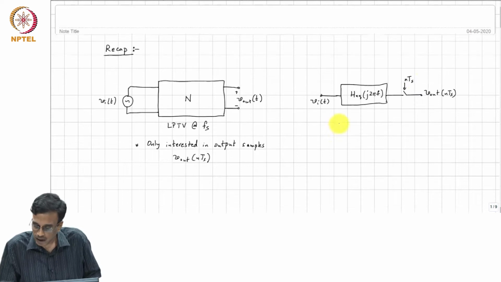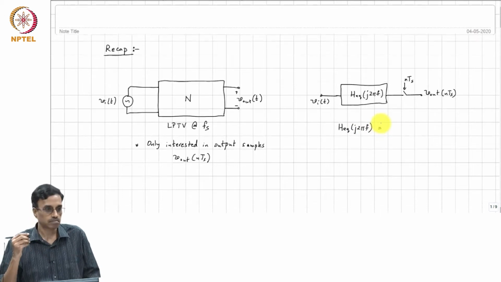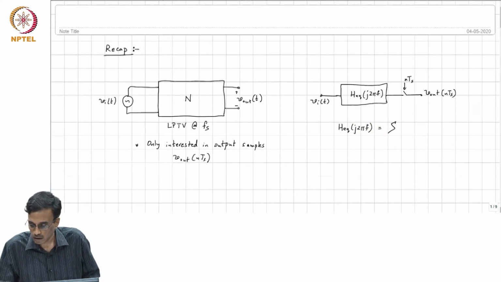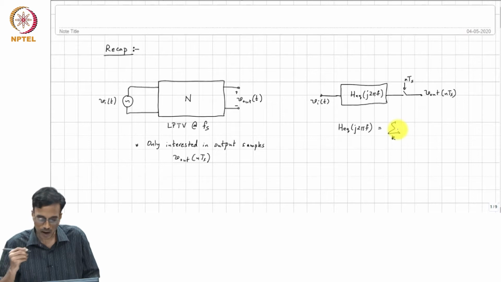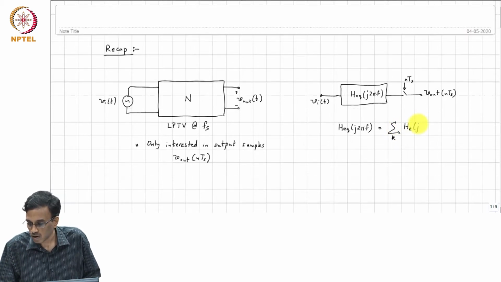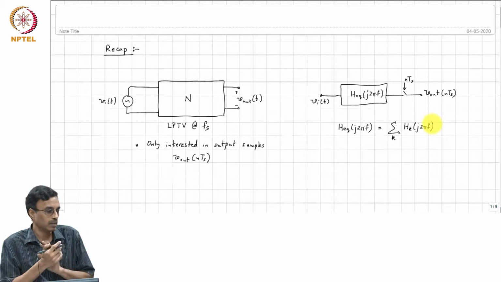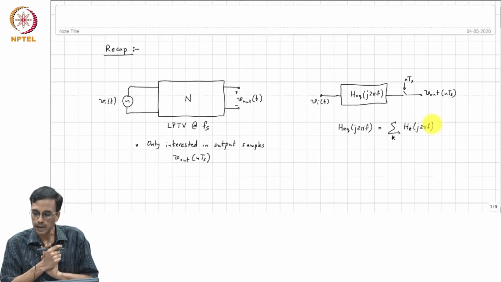And H equivalent of j 2 pi f is nothing but the sum over all k of H sub k of j 2 pi f. It is simply the sum of the harmonic transfer functions.